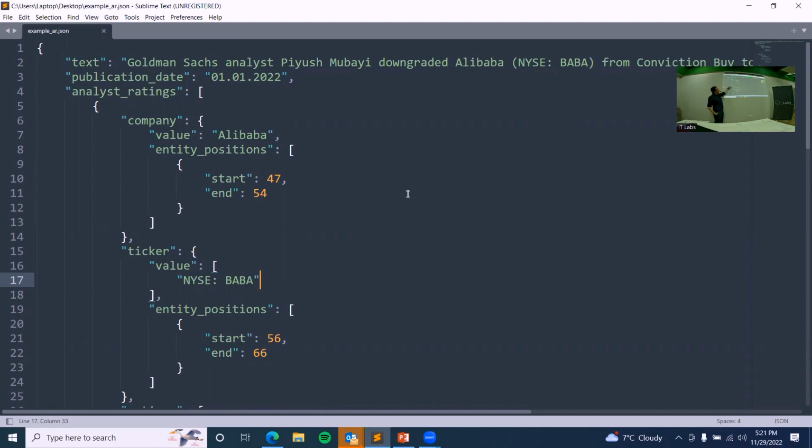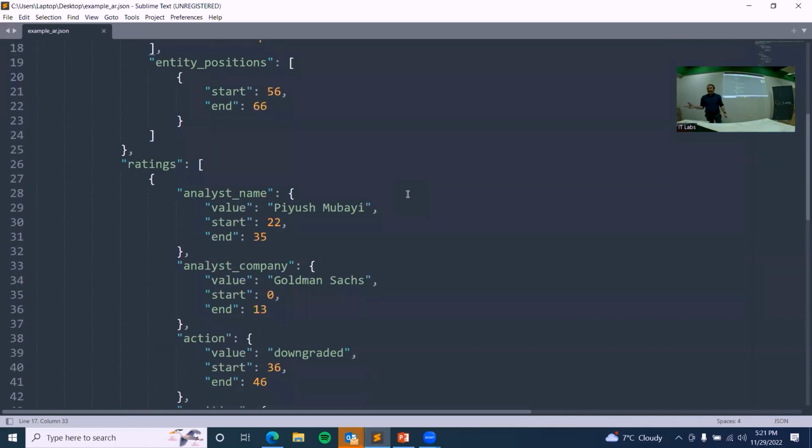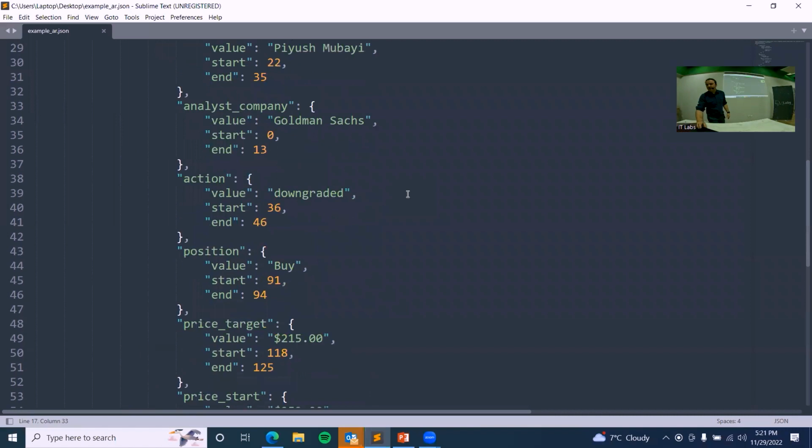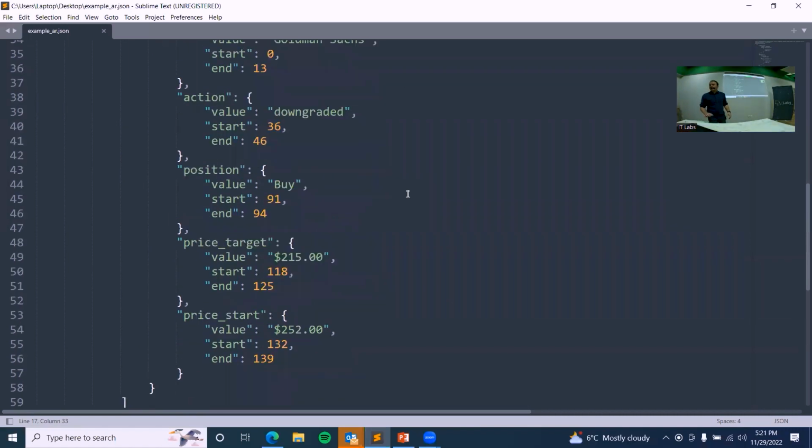Then you have the ticker, which is BABA on the NYSE. Then you have the entity position of the ticker. Then you have the ratings. As I mentioned, one company can have several ratings, so here can be a list of ratings, for example an analyst from Goldman Sachs, the action downgraded, and the price target.